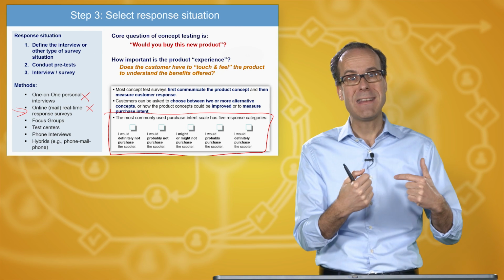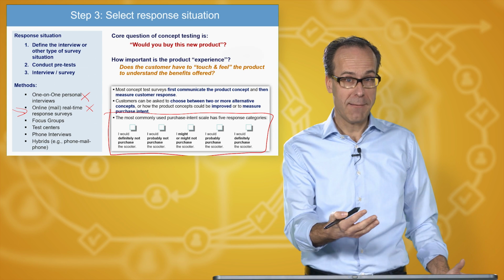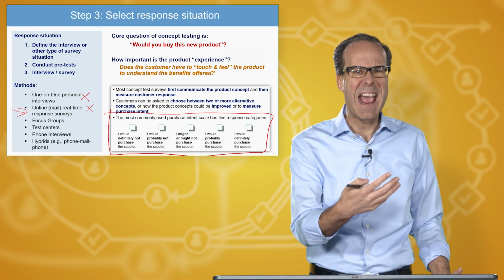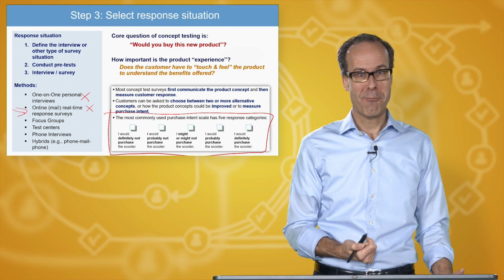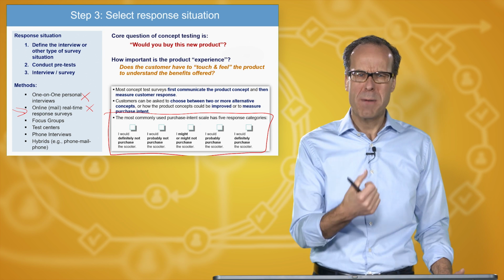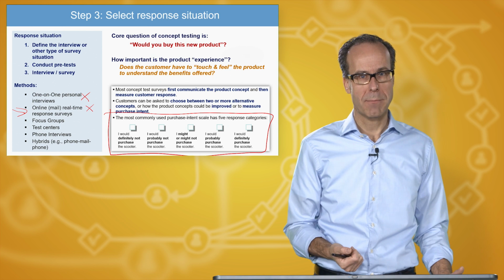However, in reality, perhaps in the first test, we would like to know, is there any market for these foldable electric scooters? So we perhaps just test this one concept.